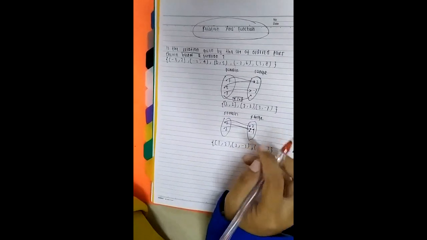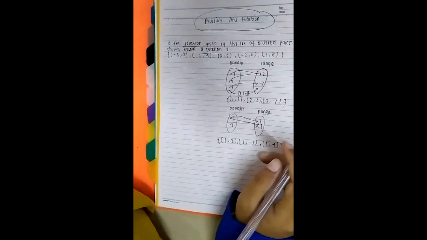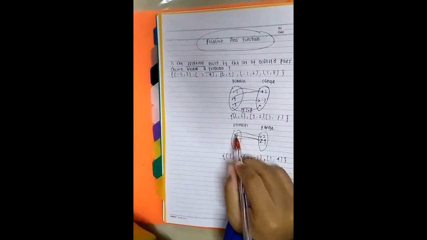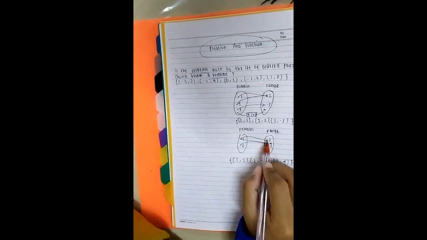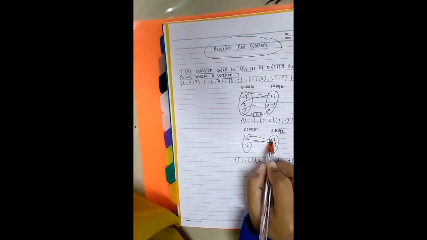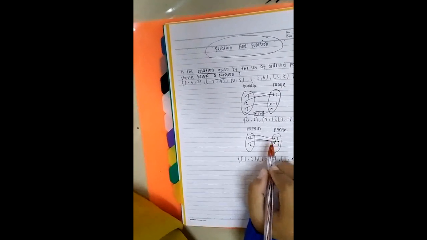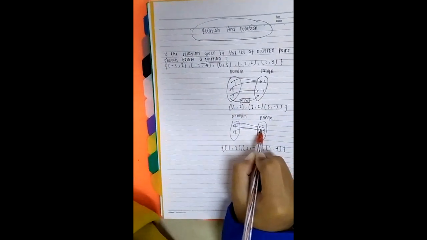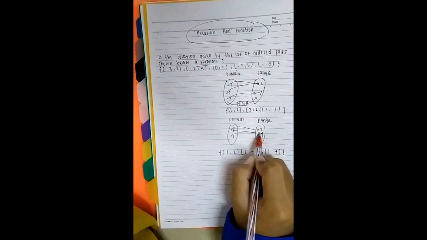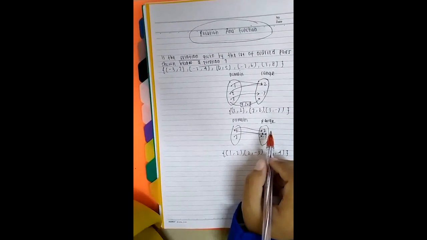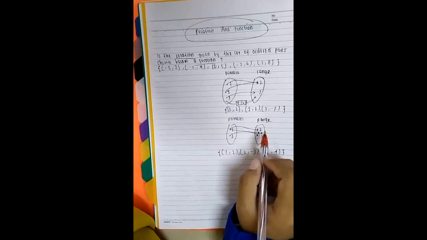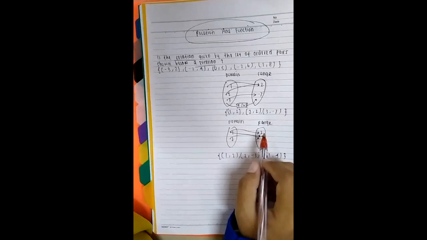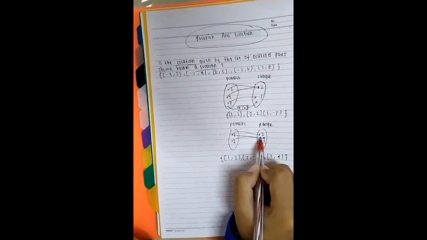Over here you say, well, I don't know. Is 1 associated with 2, or is it associated with 4? It could be either. So you don't have a clear association. If I give you 1 here, you're like, do I hand you a 2 or a 4?